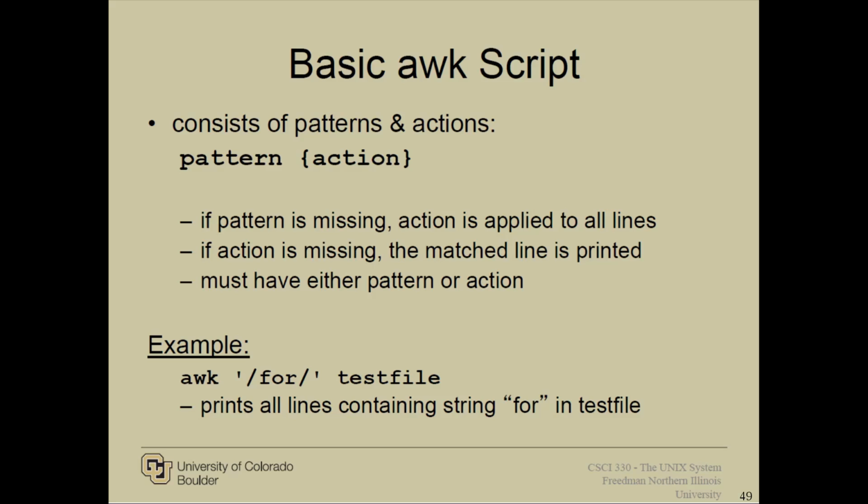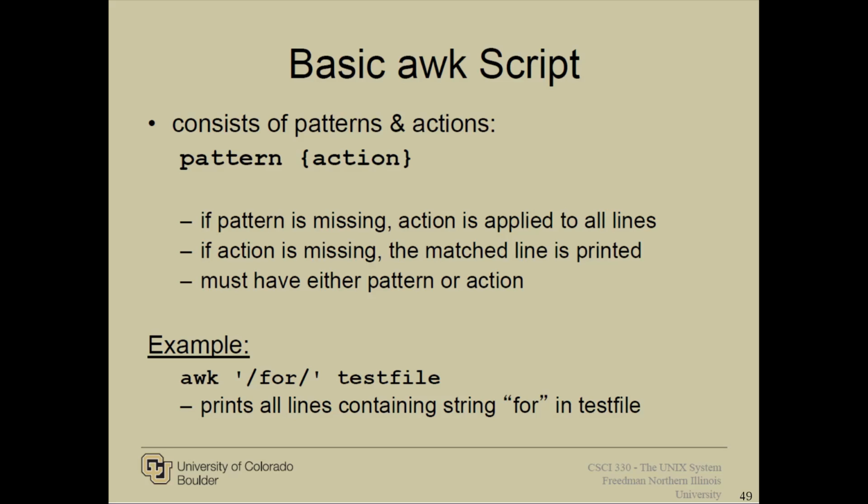Okay, so awk consists of patterns and actions. If a pattern is missing, the action is applied to all lines, period, because there is no pattern to match. If the action is missing, then the matched lines are printed to the display. If both are missing, then nothing happens.